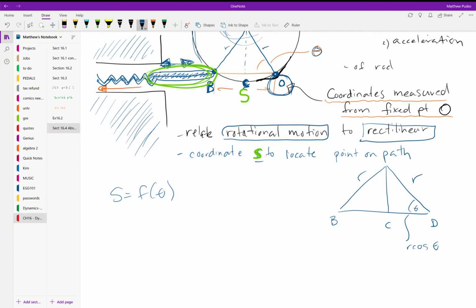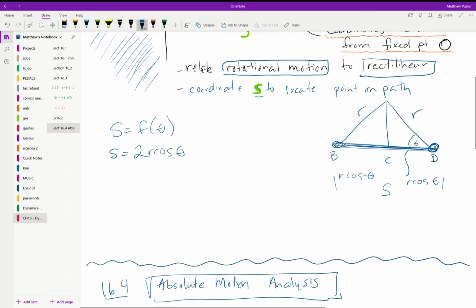So we can say S is equal to, and we're looking for any position S along this point. Would this be our fixed reference? S is going to be equal to 2 of these because there's another one, right? And R cosine theta there. 2R cosine theta. We can take our first derivative.